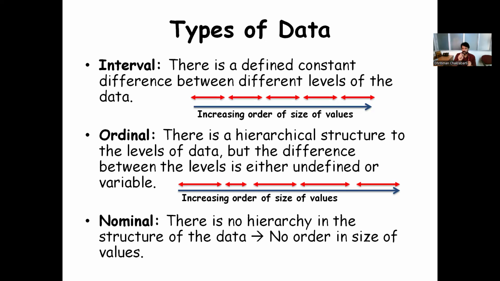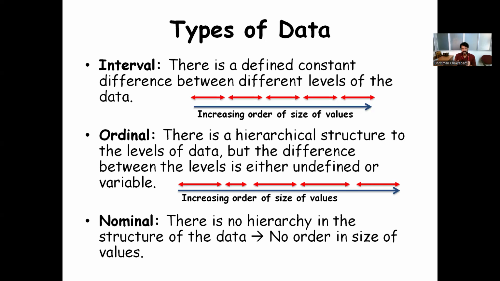Although they are defined as numbers 1, 2, 3, 4, 5, 6, 7, 8, 9, 10, the perceived difference between 1 and 2 may not be the same as the difference between 5 and 6, and may not be the difference between 9 and 10. So because of that, you have got a defined order in the data, but the difference between the levels is not constant. So this type of data is called ordinal data.